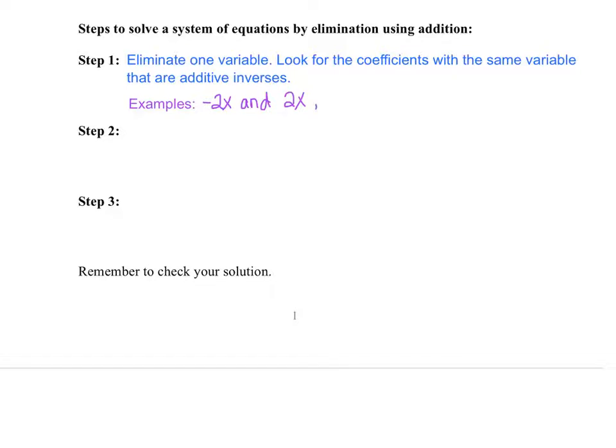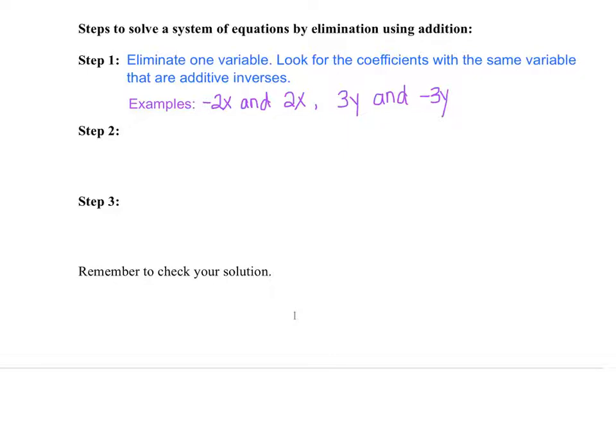Another example would be 3y and negative 3y. Again, we have the same coefficient, same variable, but they are the inverse. One is a negative and one is a positive. So you want to look for your additive inverses.